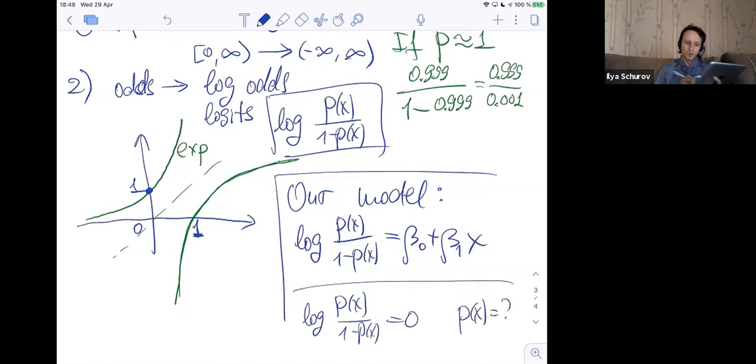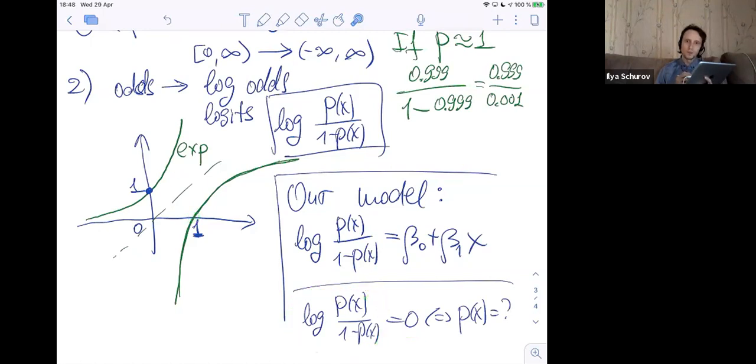Which value of p(x) corresponds to this value? We see that this logarithm equals 0 if chances are 1.